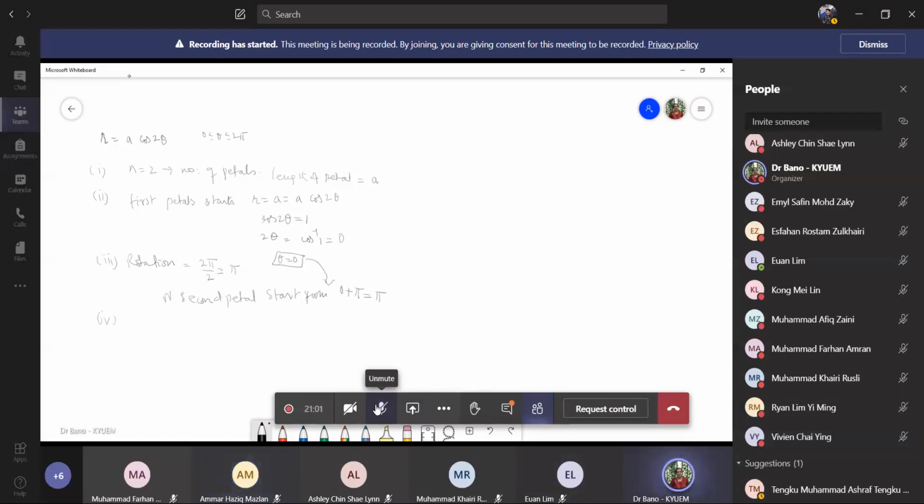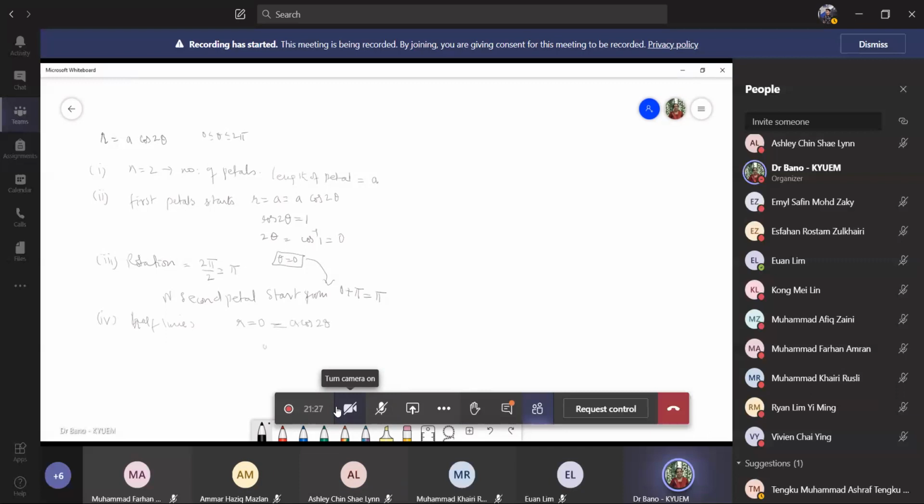So we go for half lines. They are called half lines because they start from the origin and go in one direction. We are not drawing the continued line, so that's why they call it half line. So we put r is equal to 0. That means a cos 2 theta is equal to 0.